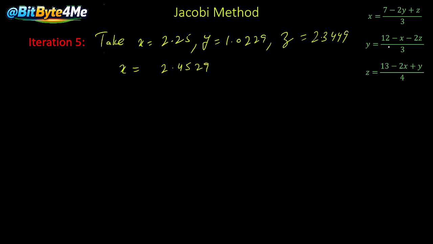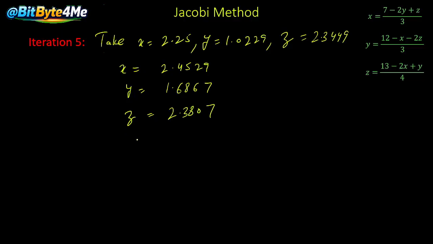Put these values in this equation, you will get y is equal to 1.6867. Put these values in this equation, you will get the value of z as 2.3807. So we have got these new values.